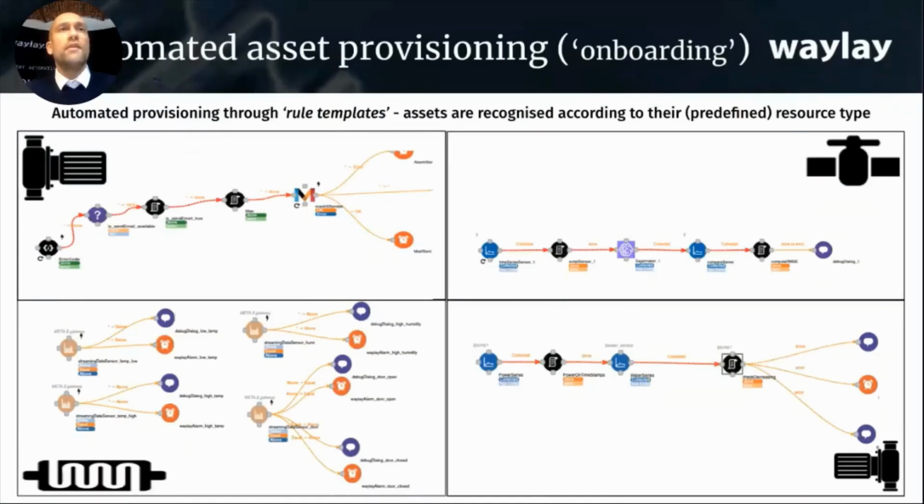And we allow you, through our platform, to develop one or more of those rule templates, associate them with a certain resource device type, and that could be a pump of a certain manufacturer type, could be a heat exchanger as we see in the bottom left, or maybe a certain type of valve, really any equipment that you might have in that sphere. And by onboarding that, the pre-configured rule templates will automatically instantiate, which is very good and easy in terms of operation.